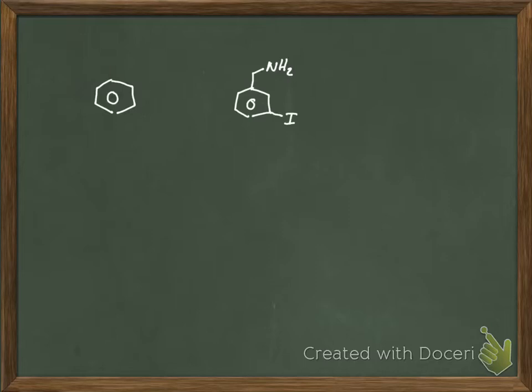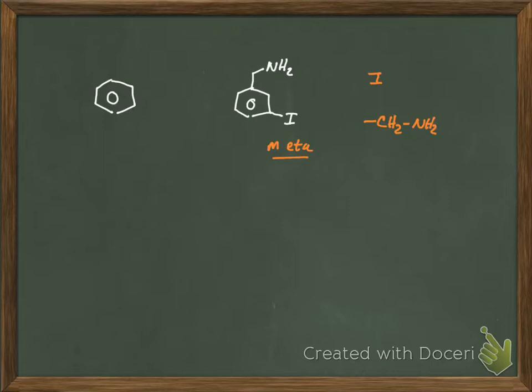here. Now, again, what you should do in these situations is look at the end product and look at what the attachments are. In this case, these things are meta to one another. And the attachments are an I and a CH2NH2.